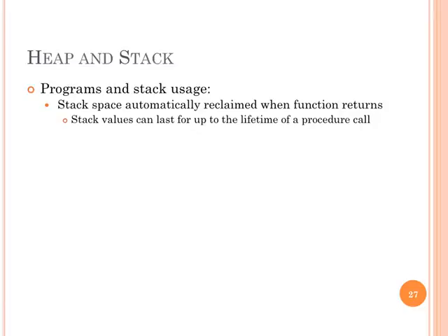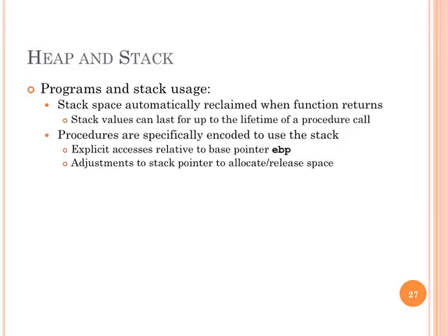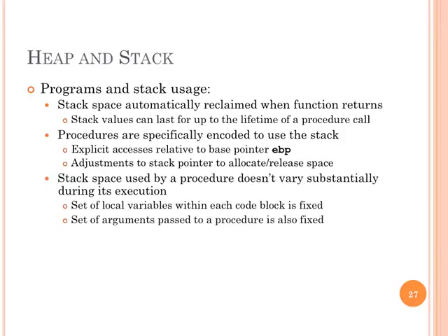So, and this just sort of reiterates the things I was saying before. I don't want to spend too much time on this because I want to make sure we get to all of this. Stack space is automatically reclaimed when functions return. So the stack is managed automatically for us by procedures, by the instructions we write for the procedures. Okay? So the compiler takes care of managing the stack properly.